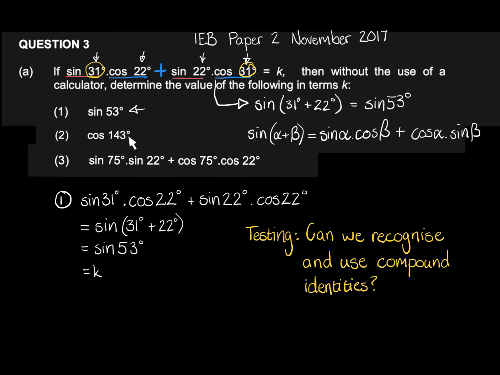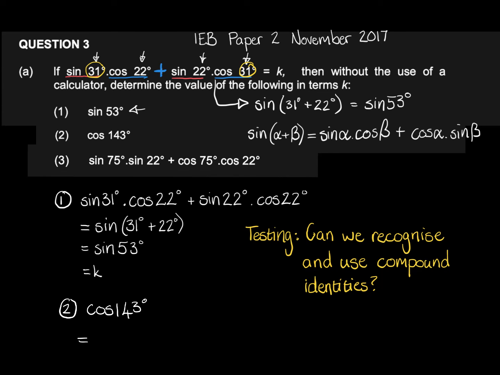Whenever you see an angle that is more than 90 degrees, you know you're going to have to change it to its acute angle form. So before I actually get to anything else with the second question, I'm going to reduce it. So it was cos 143 degrees.